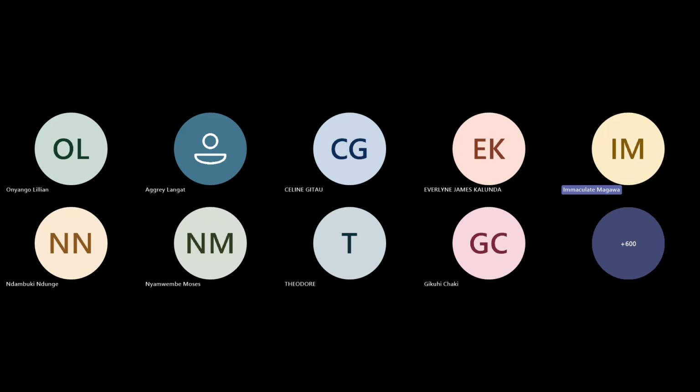And say Miss Evelyn James is on record for the defense. Okay. So if someone is your senior, you start with the court. May it please you, my lord or my lady. And then with the kind permission of my senior, I would like to introduce the quorum. For the state, if you're the prosecutor, my name is Ndambuki Ndunge. Okay. And Miss Evelyn Kalunda is on record for the defense.